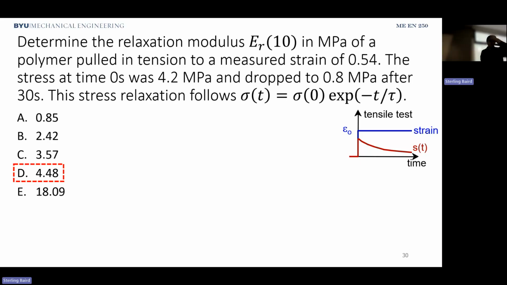And we're being asked to solve for relaxation modulus E sub r. Do you mind walking us through what you're thinking?